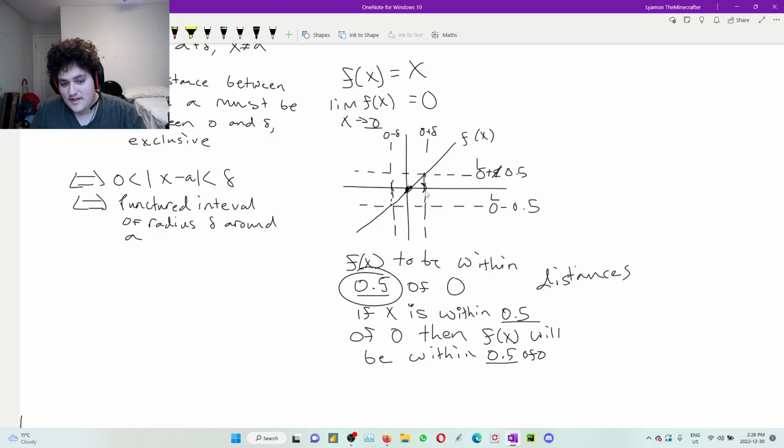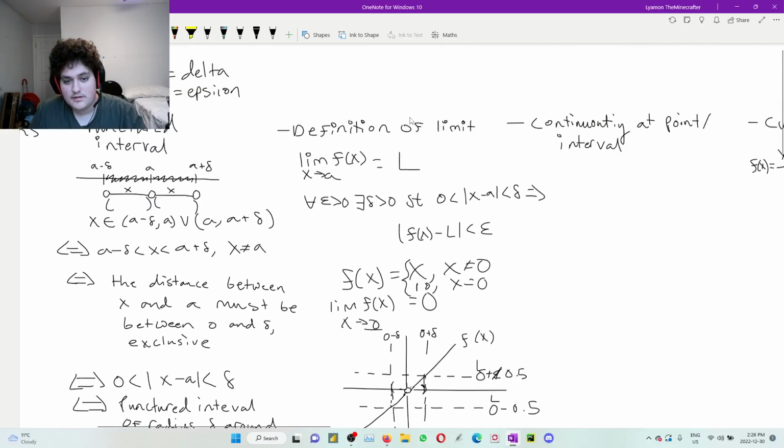If you pick any x value here, let's say for example we had f of x equals x when x does not equal 0. Let's say it's a piecewise function and it's equal to, whatever, it doesn't matter, 10 when x equals 0, right? So then at the actual point 0, it wouldn't actually be equal to 0. It would be like a hole here. It would actually be over here.